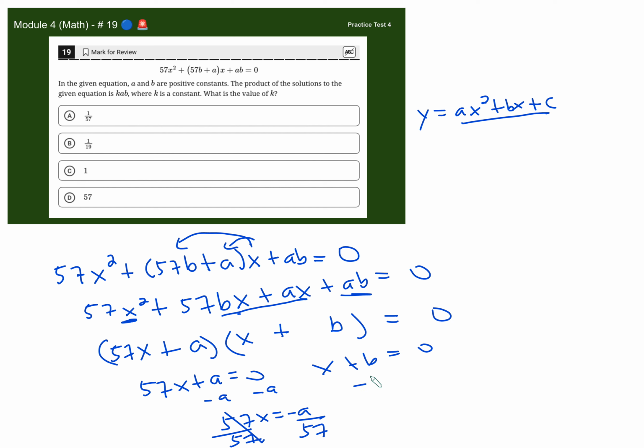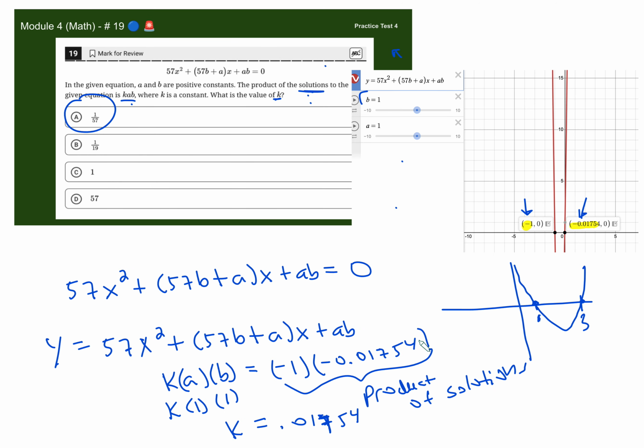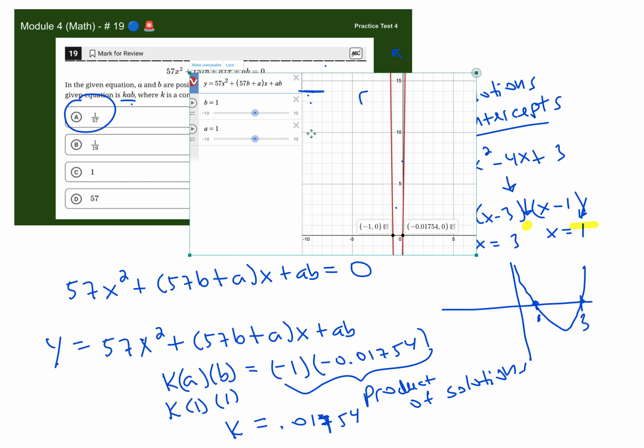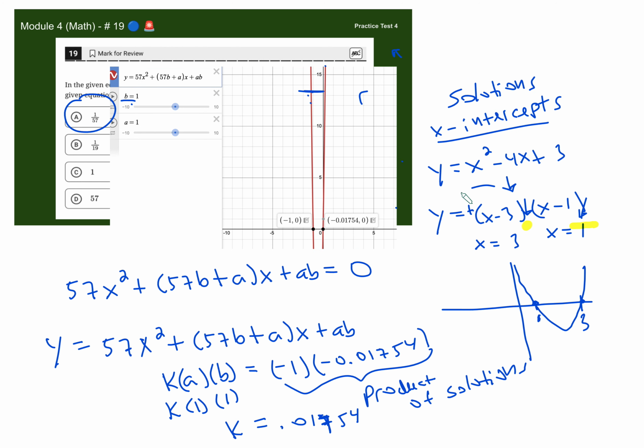Over here you're going to go minus b, so you get x equals negative b. So we have two solutions, or two x-intercepts. The first x-intercept is located at negative a over 57. The second x-intercept is located at x equals negative b. And that's just like over here when we found the x-intercepts this way. Same kind of process, just with a's and b's.